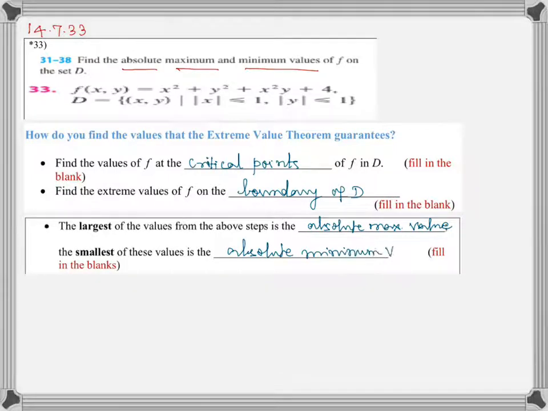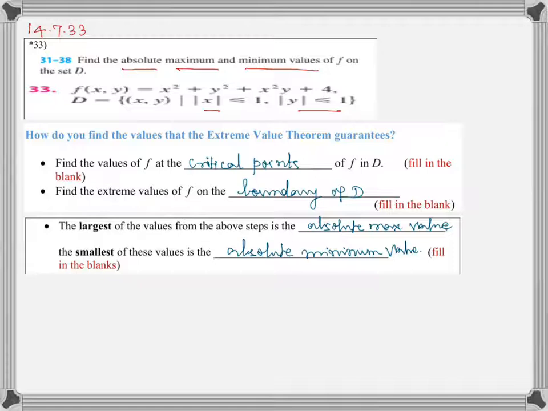So first, find the critical points. Second is to find the extreme values of f on the boundary. This is going to be a bit of a computational process because of the nature of the domain D. The domain D is in this case a square. So it's absolute x less than or equal to 1, absolute y less than or equal to 1.